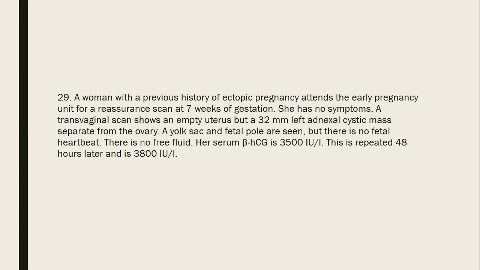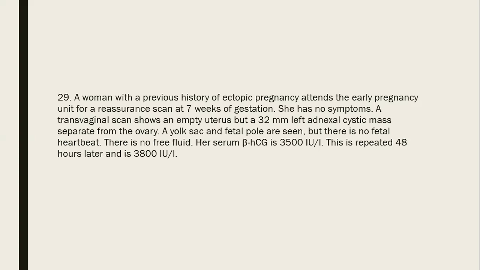A woman with a previous history of ectopic attends the early pregnancy unit for a reassurance scan at 7 weeks of gestation. She has no symptoms. Transvaginal scan shows an empty uterus, but a 32 millimeter left adnexal cystic mass separate from the ovary. Yolk sac and fetal pool are seen, but there is no fetal heartbeat. There is no free fluid. Serum beta HCG is 3,500.